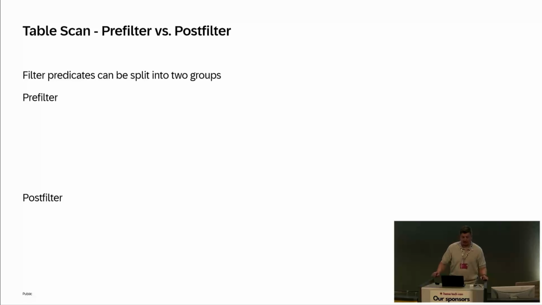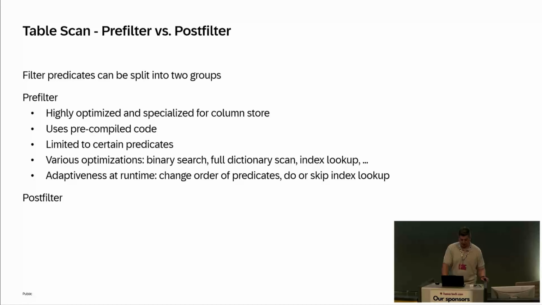And here we can decide for each filter predicate if we put it into a pre-filter or a post-filter. So what's the difference? A pre-filter is highly optimized and specialized for the column store. It uses pre-compiled code, but it is limited to certain predicates, mostly comparisons or the like predicate.